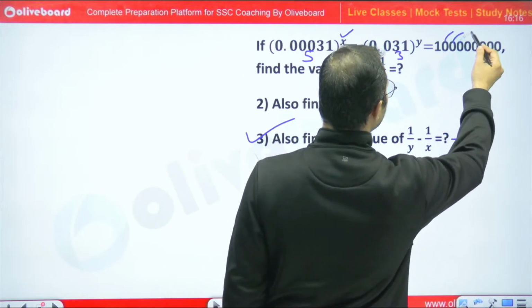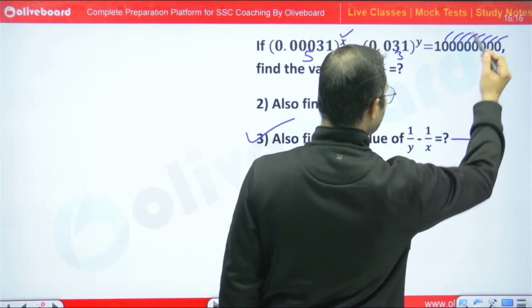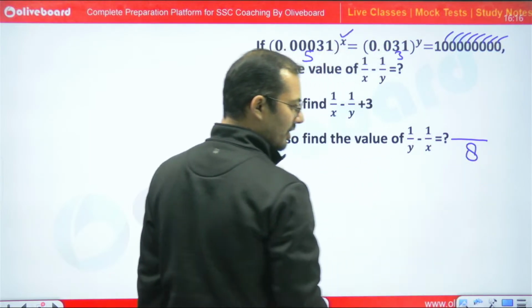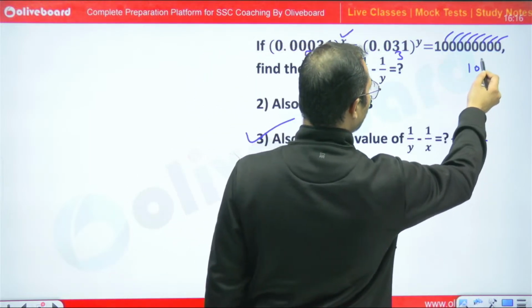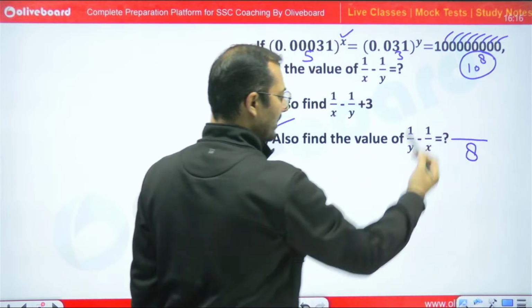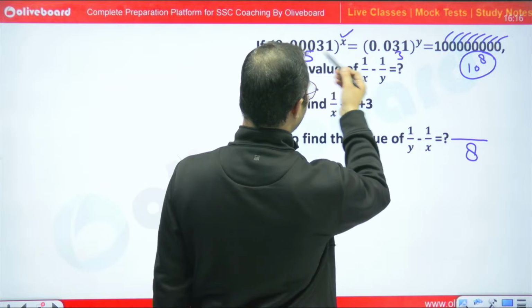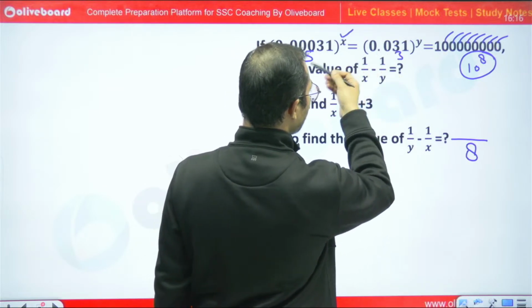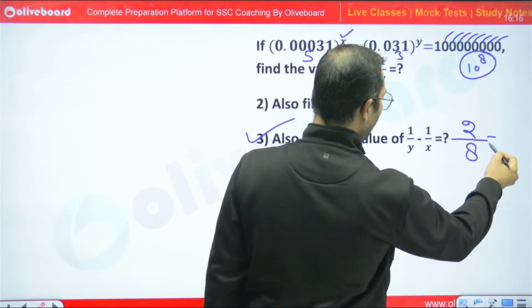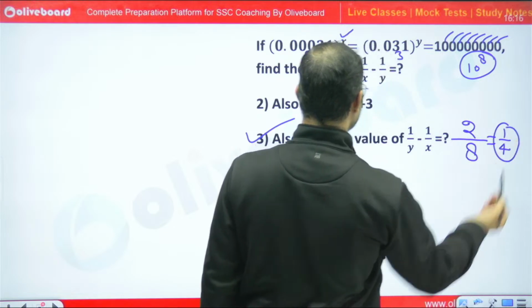So 1, 2, 3, 4, 5, 6, 7, 8. So we can write it as 10 to the power 8. Whatever is the power of 10, I will take it in the denominator. Then simply take the difference of the number of digits after decimal. Here it is 2, so we can say 1 upon 4 is the right answer.